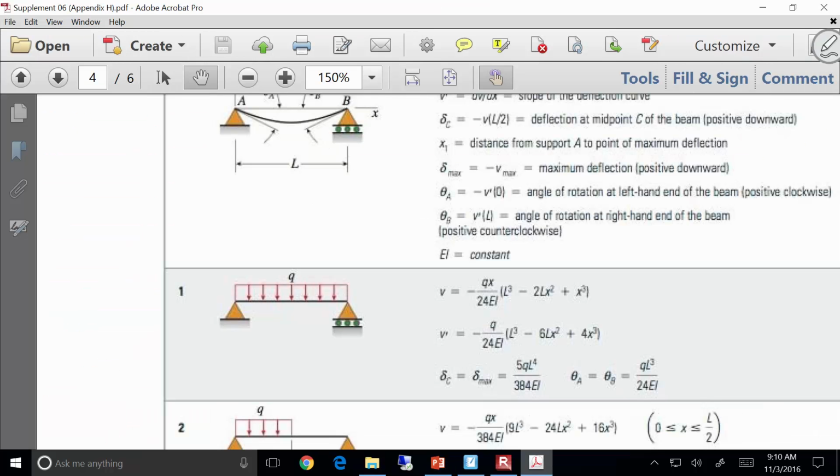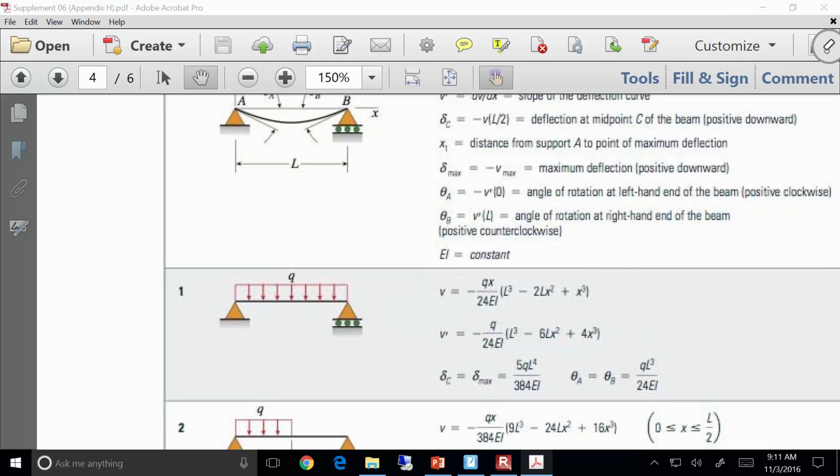We go here and we say, all right, here is our beam deflection equation for uniformly distributed loads. Pretty straightforward. So all I do is I plug in X equals L over 4. So there's that one.